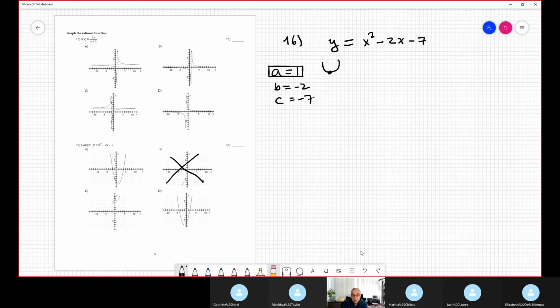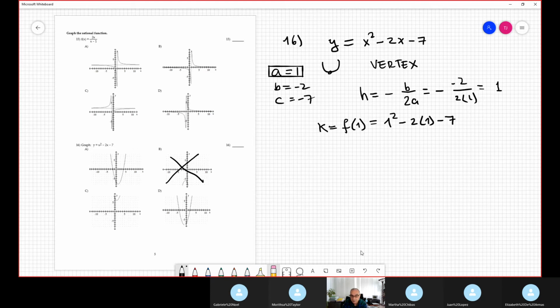Okay, let's continue. The vertex now. The vertex is given by the famous formula h equals minus b over 2a. In our specific problem, b is -2, 2 times 1, which is a, double minus becomes positive, 2 divided by 2 is 1, positive 1. And in order to find the k, you evaluate the original parabola at 1: 1 squared minus 2 times 1, minus 7. 1 minus 2 minus 7.